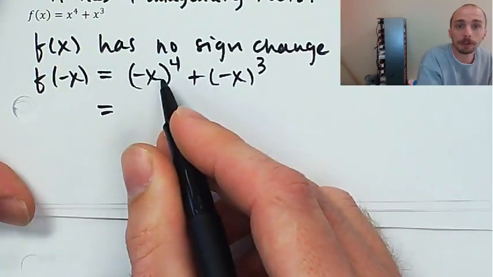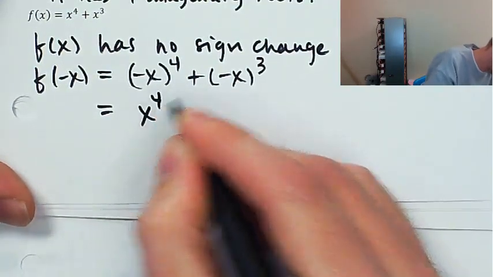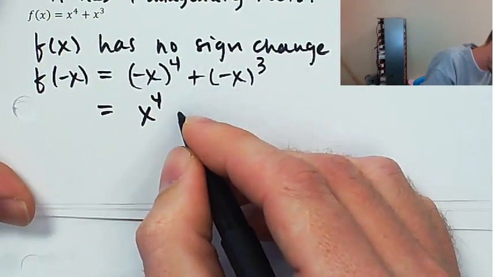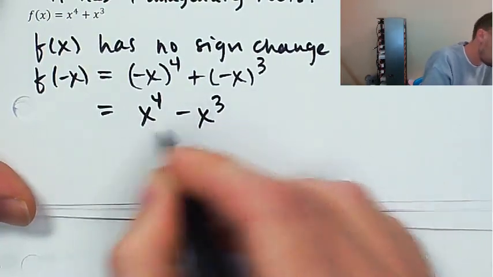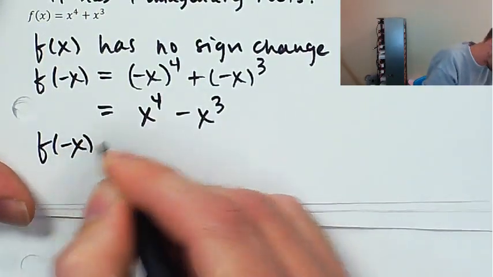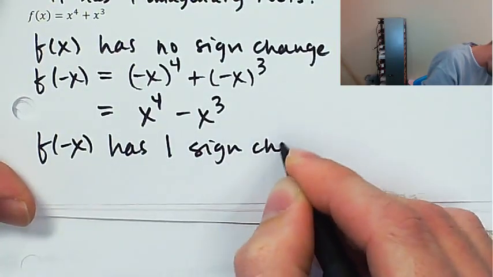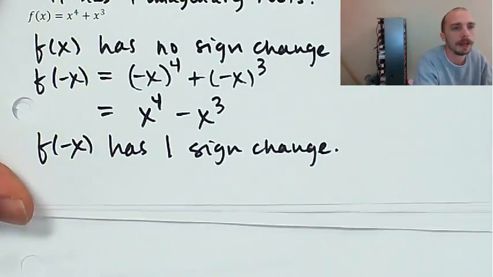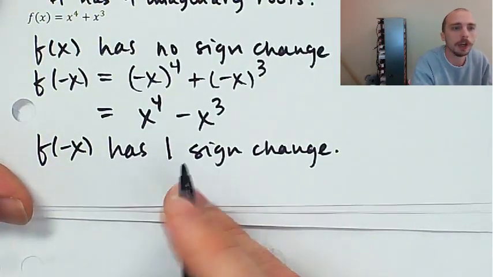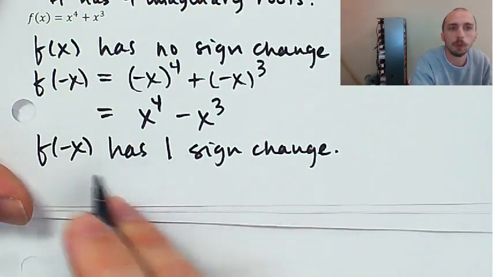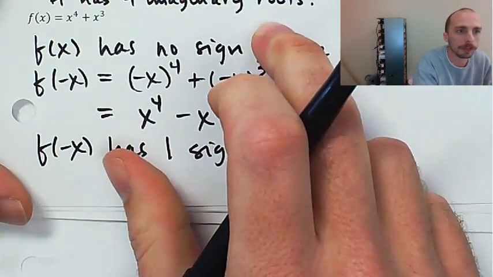If I take negative x to the 4th power, I'm going to have positive x to the 4. If I take negative x to the 3rd power, I'll have negative x cubed. That's one sign change. And that means I know that there's one negative root, no positive roots.